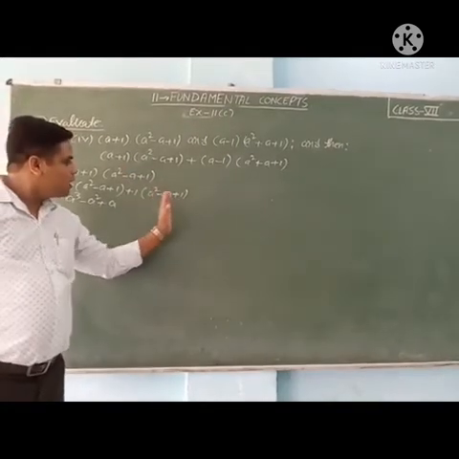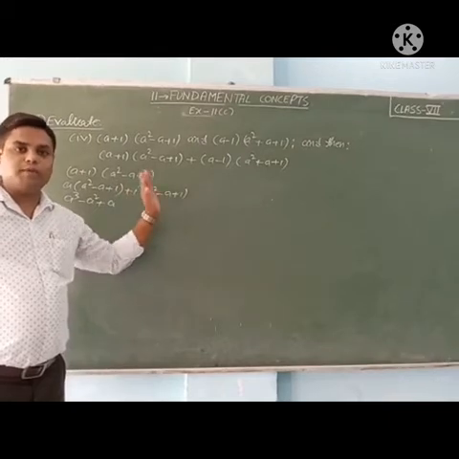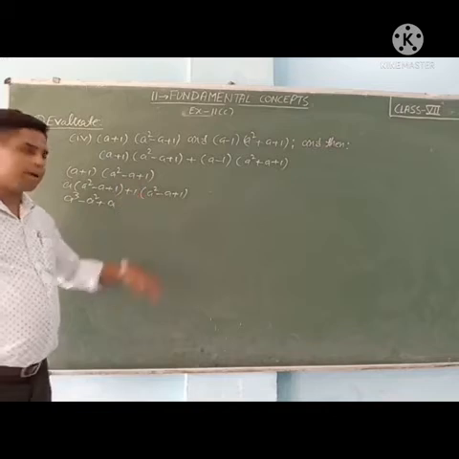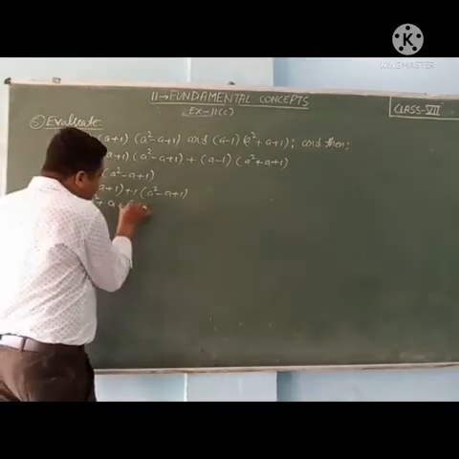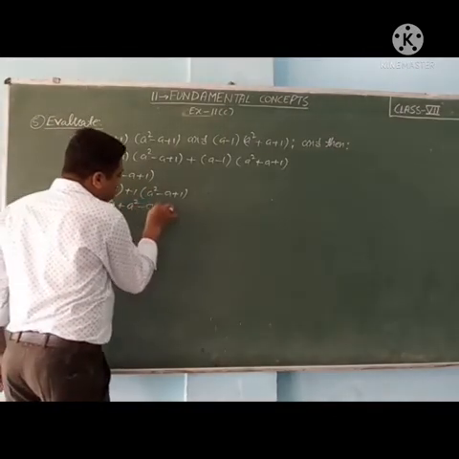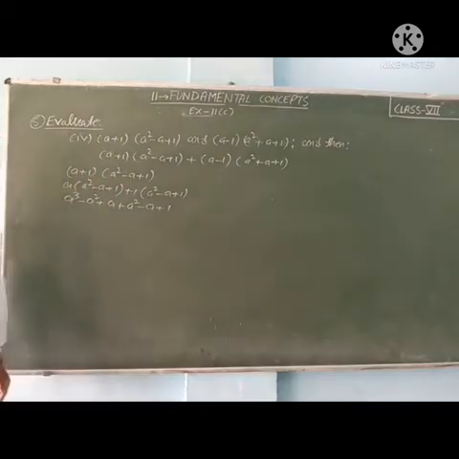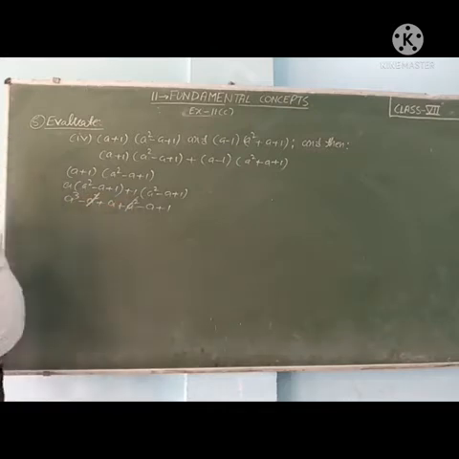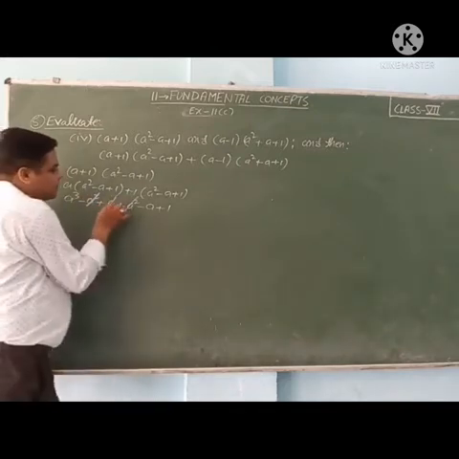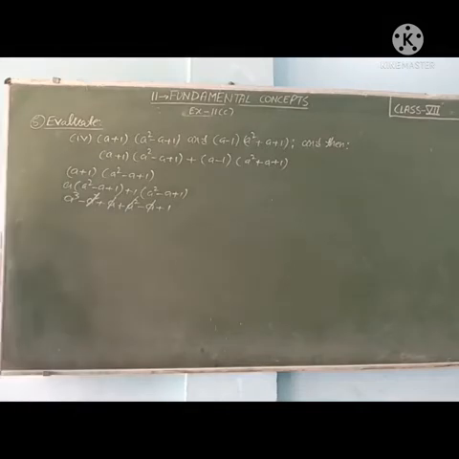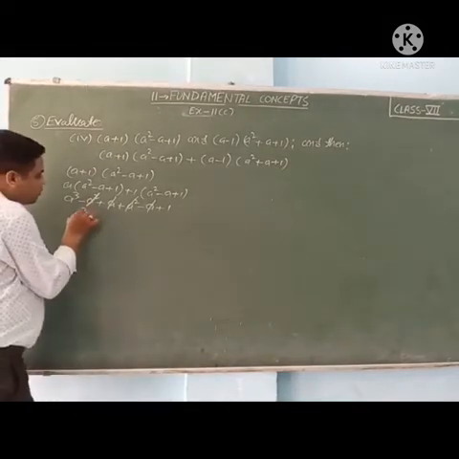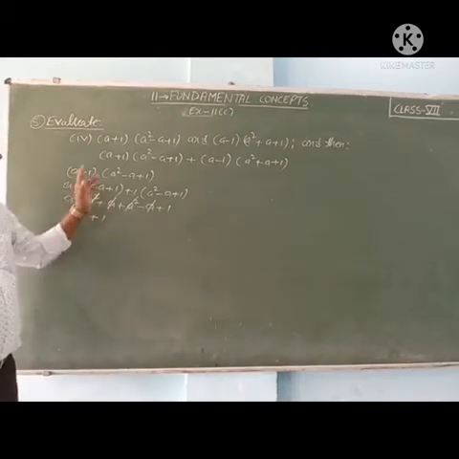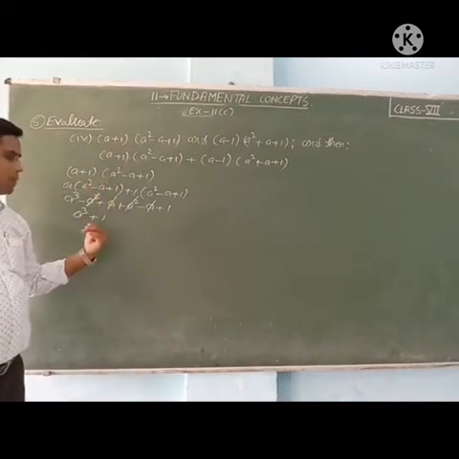So all the terms open with the same sign, because we have to do the multiply with plus 1. So plus a square minus a plus 1. Now students, see, minus a square plus a square cancel, plus a minus a cancel. What is left now? A cube plus 1. So the multiply of both the expressions is coming a cube plus 1.